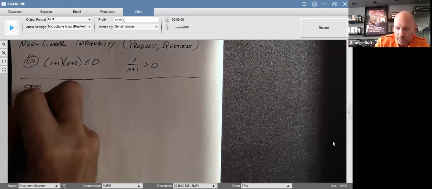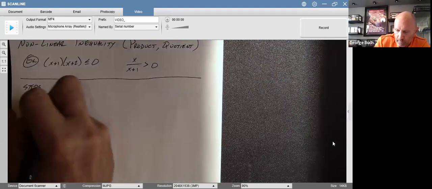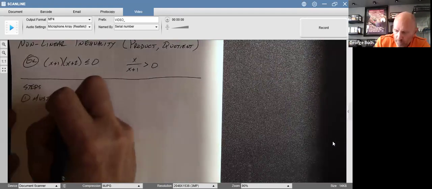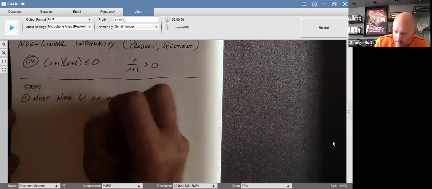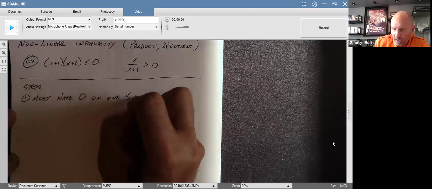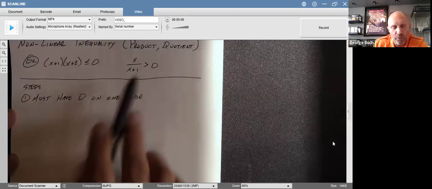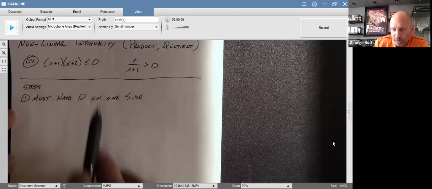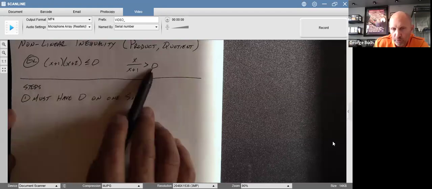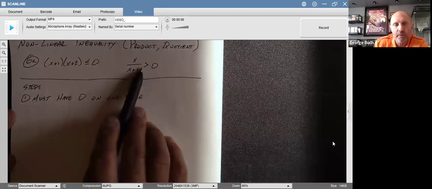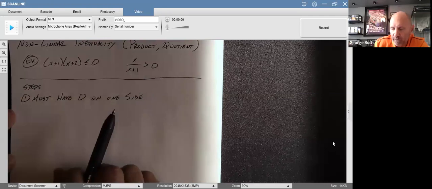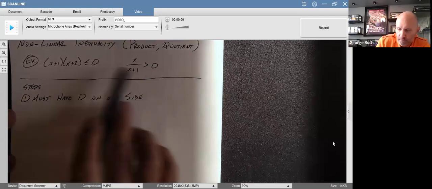So what are the steps? First of all, we must have 0 on one side of the inequality. In the examples I showed you, we had 0 already, so we wouldn't have to worry about that. But if this was a 1, or a negative 1 or 2 or whatever, we have to first add or subtract that to get it over, because I can't have anything but a 0 on one side.